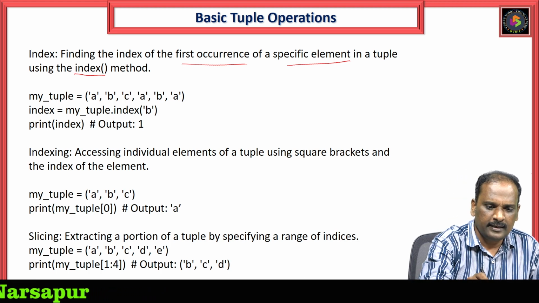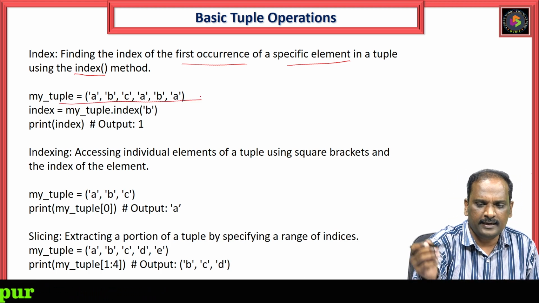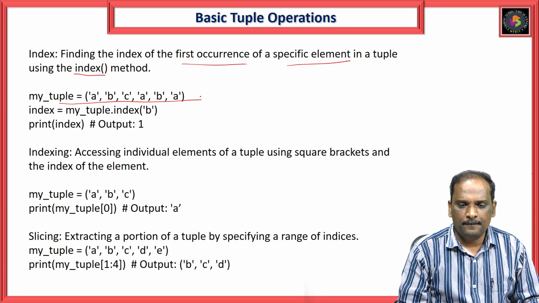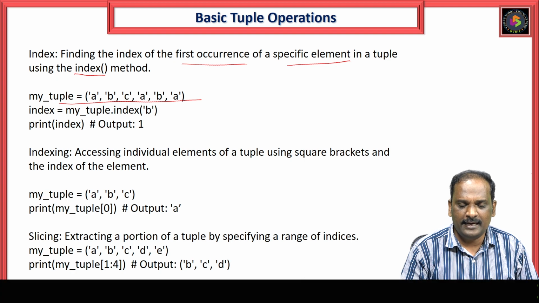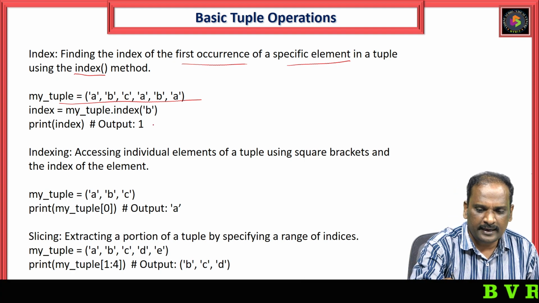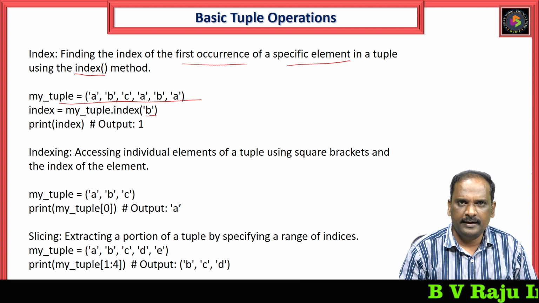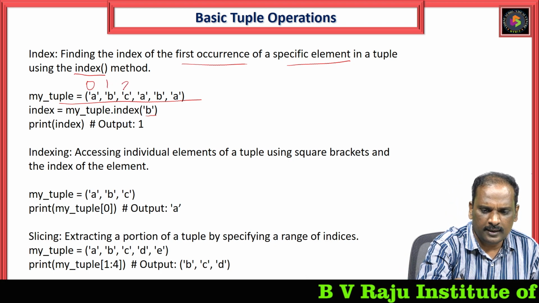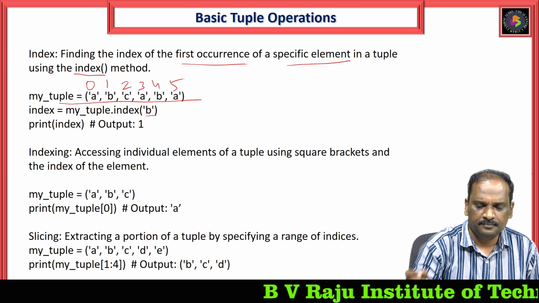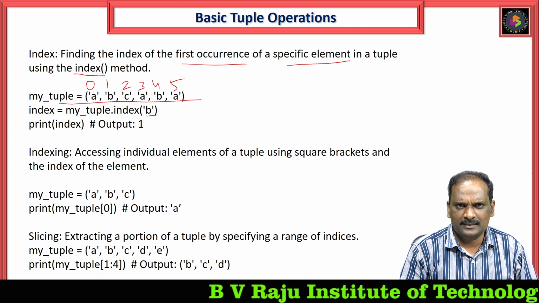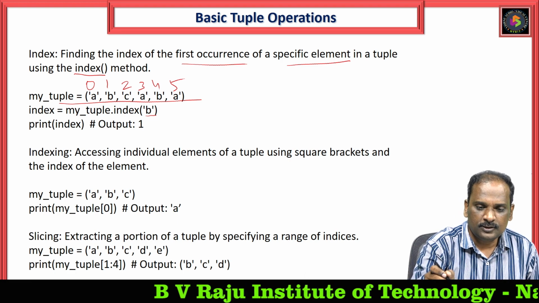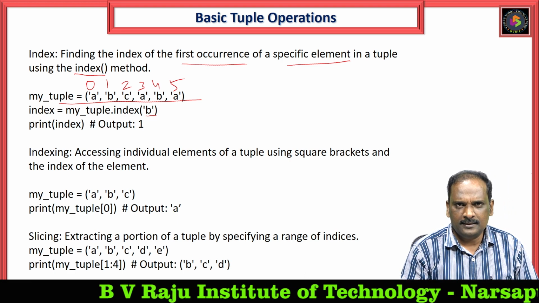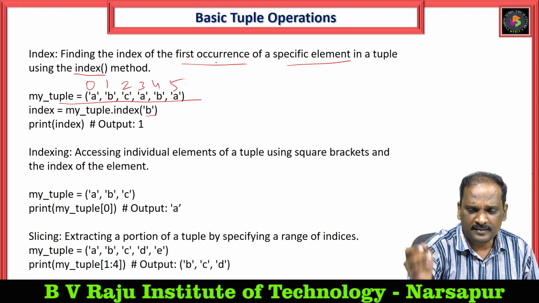For example, here I have considered my tuple containing the elements A, B, C, A, B, A. I want to find the index of B. Where is B present? The indexes are 0, 1, 2, 3, 4, 5. The index method will return the first occurrence.